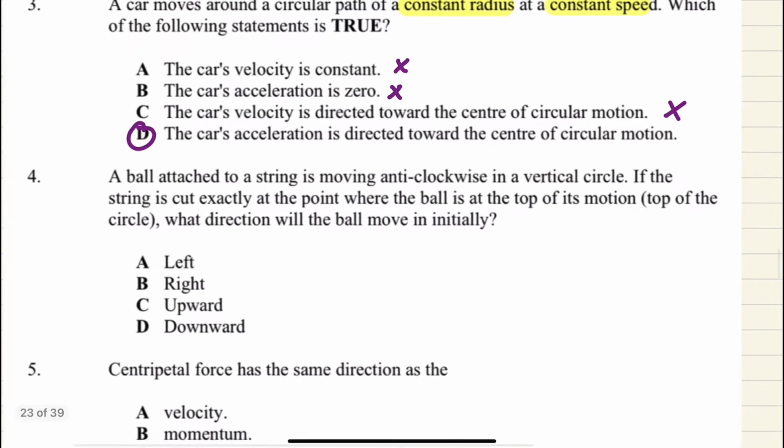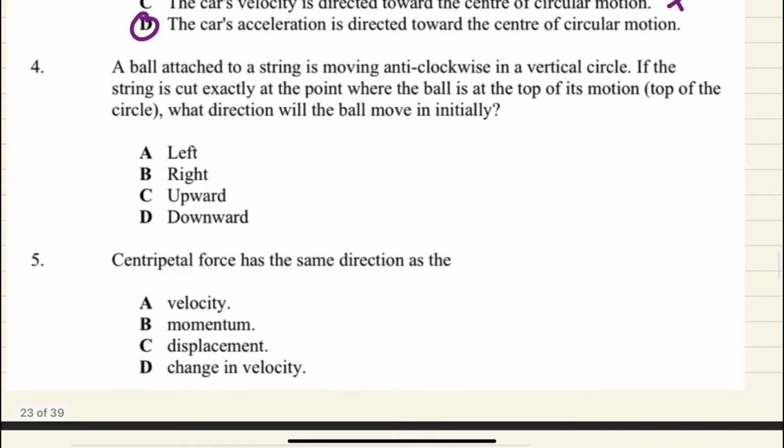Question number 4. A ball attached to a string is moving anti-clockwise in a vertical circle. So a vertical circle like that, anti-clockwise, maybe in that direction. If the string is cut exactly at the point where the ball is at the top, so this is the string and the ball, what direction will the ball move initially?